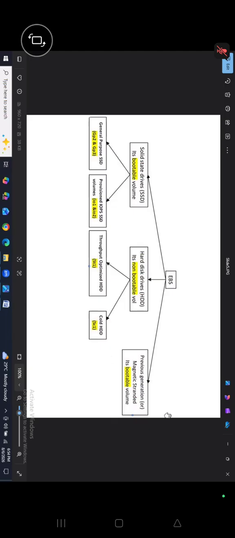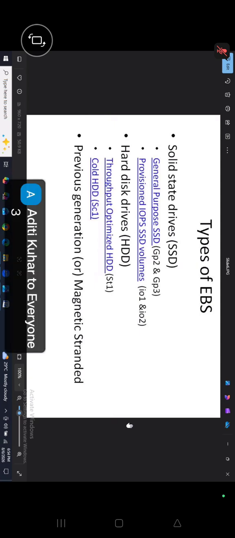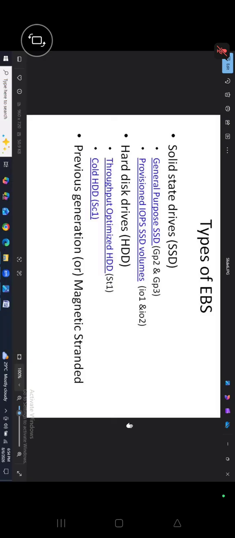How many types of EBS volumes we have? Three types. First one, SSD, to install the operating system. HDD, to store the data. And magnetic standard, the previous generation, to install the operating system.